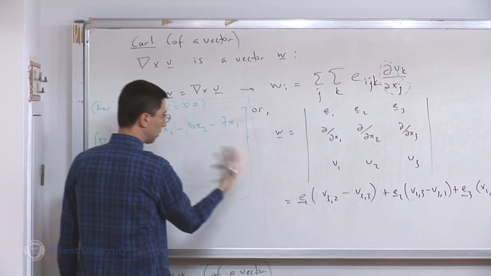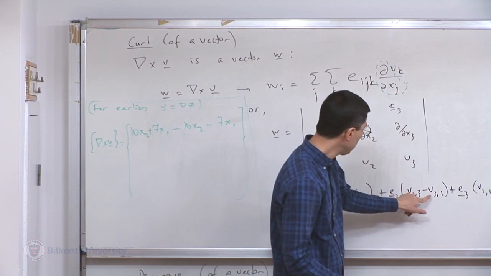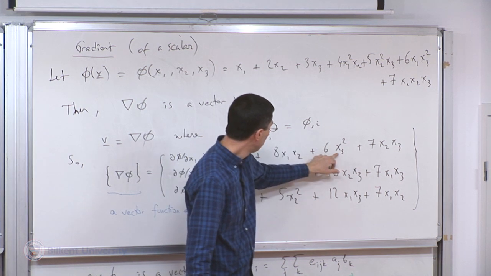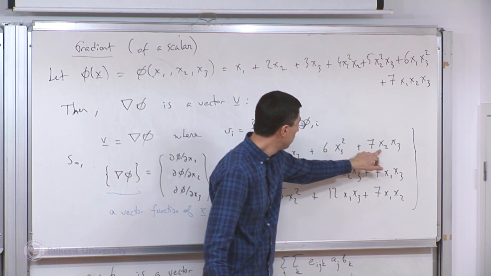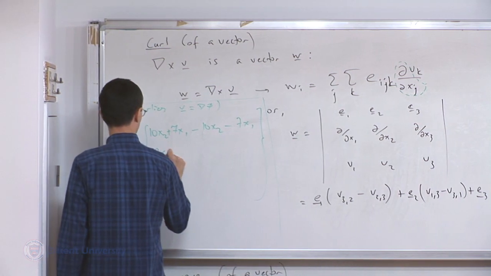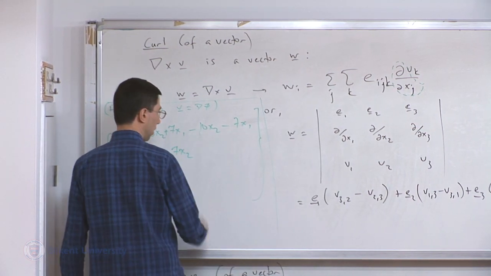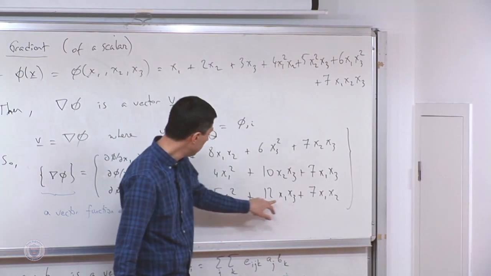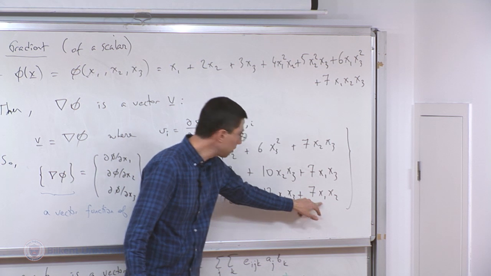Okay. So that's the first entry. The second entry, 1, comma 3 minus 3, comma 1. 1, comma 3, 12x3 plus 7x2. And then minus V3, comma 1, 12x3 plus 7x2.